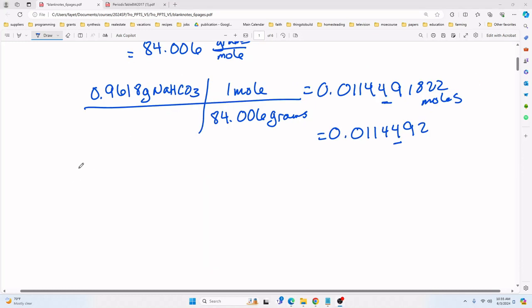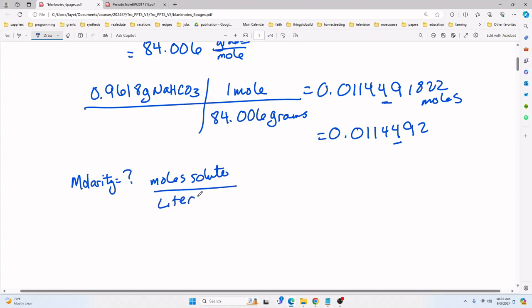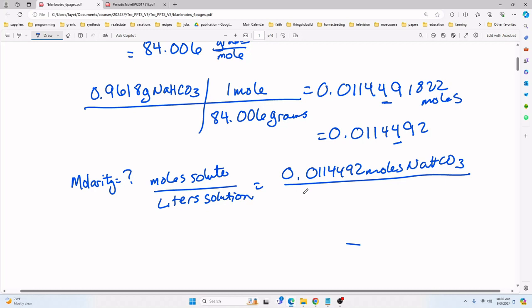Next, we're asked to calculate the molarity of the solution. And molarity is moles of solute. It's important to remember these definitions, per liters of solution. All right, and so that's equal to 0.011449 moles of NaHCO3 per, and we had 50 milliliters. Remember, 50 milliliters, we're going to divide by 1,000 to convert to liters, or we can move the decimal point to the left 3 spaces.